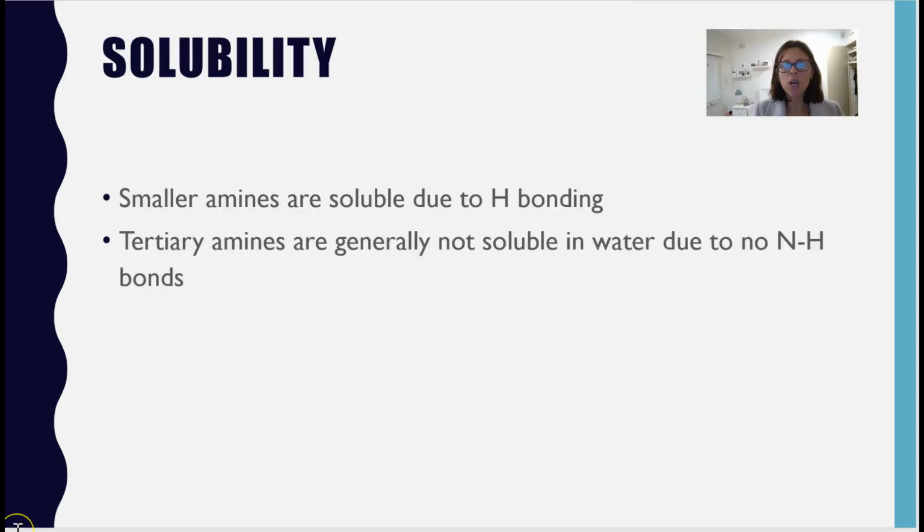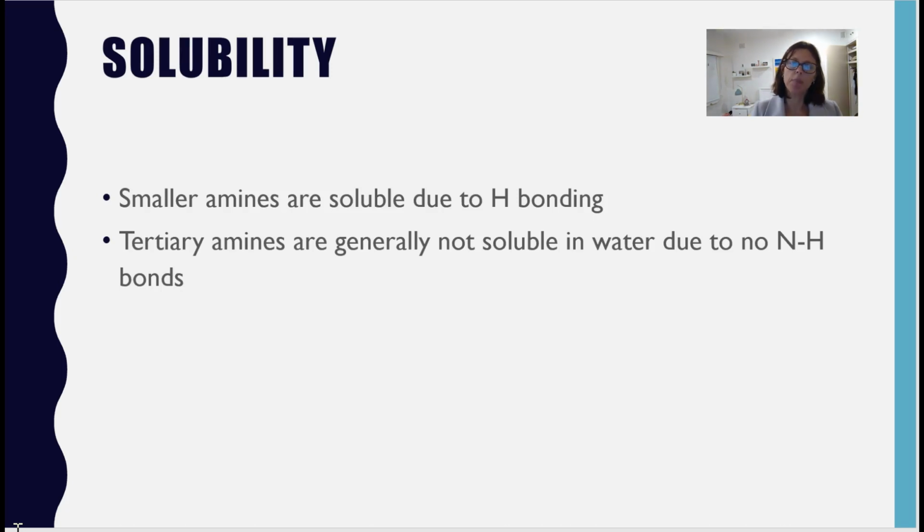So looking at their solubility, our smaller amines, again, are soluble due to the hydrogen bonding that is present there. So you can see the N bonding with the hydrogen. So, of course, we're going to get that hydrogen bonding there. Again, why is the smaller one more soluble?